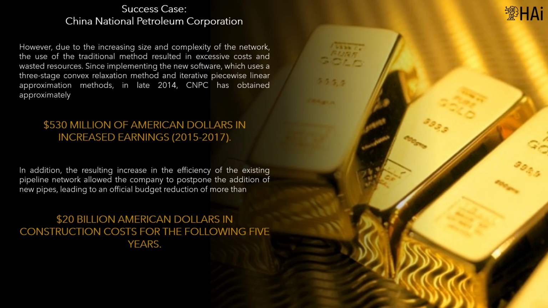In addition, the resulting increase in the efficiency of the existing pipeline network allowed the company to postpone the addition of new pipes, leading to an official budget reduction of more than $20 billion of American dollars in construction costs for the following 5 years.